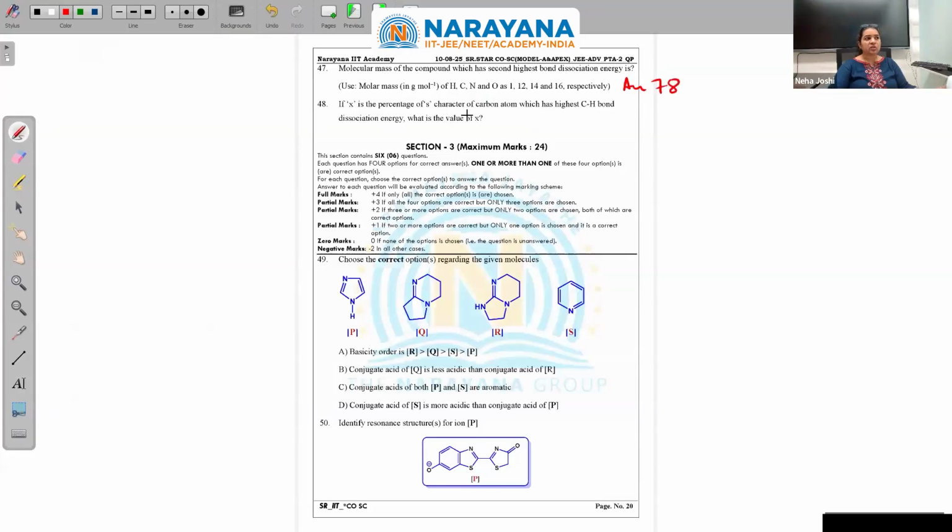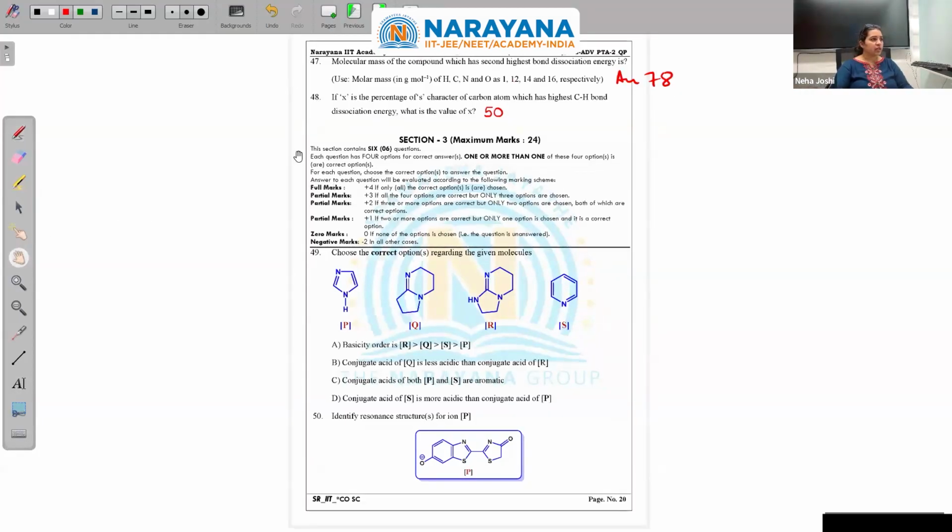If X is the percentage of s character of the carbon atom which has the highest CH bond dissociation energy, that was acetylene, and in that the percentage has to be 50, right? 78 and 50 are the answers.